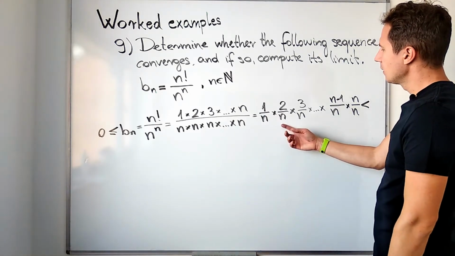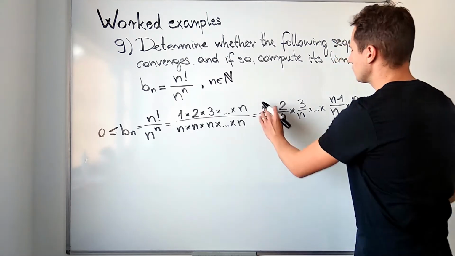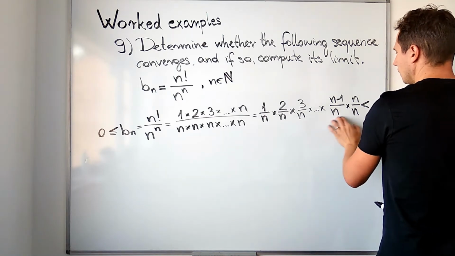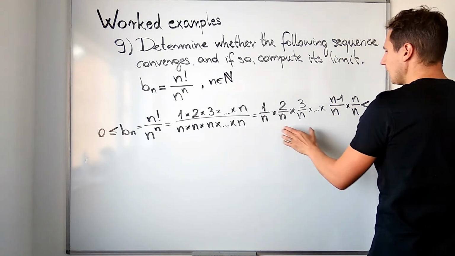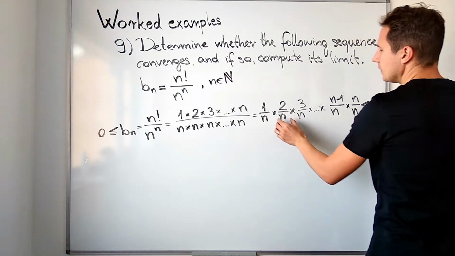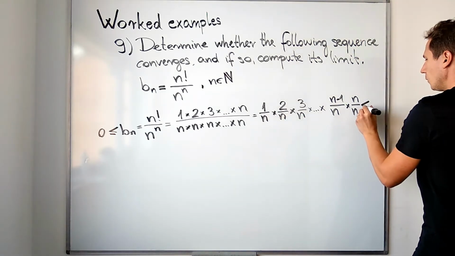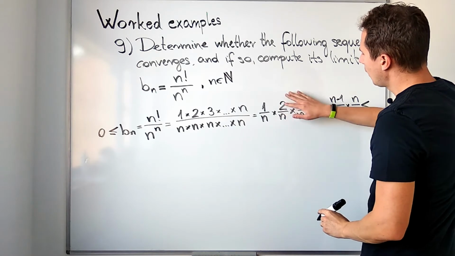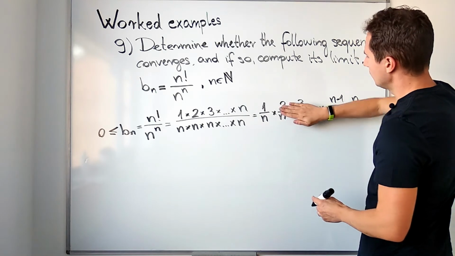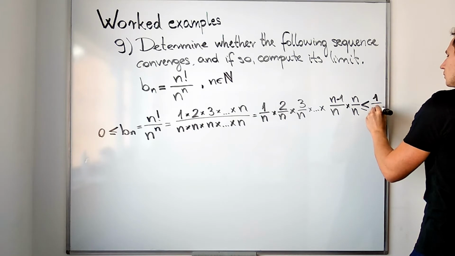Let's forget about the first factor for a second and consider the second, third, and the terms after that. So we have 2 over n, 3 over n, and n over n. They are all less than or equal to 1. So if we leave out these numbers that are smaller than 1, the product 1 over n by itself will definitely be greater than or equal to that product.